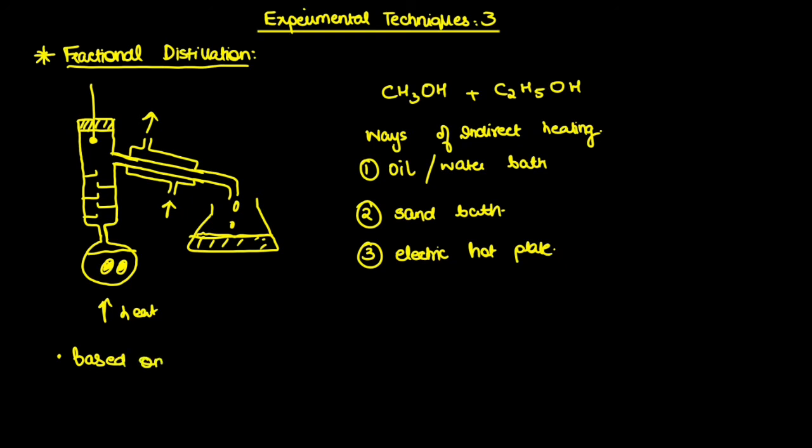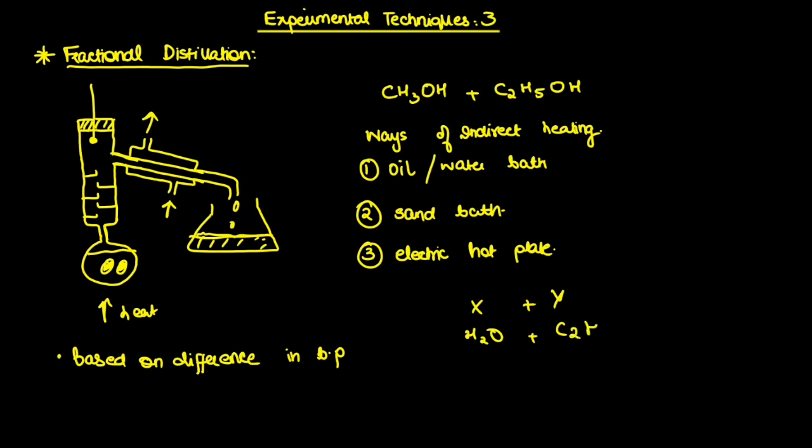If two substances have the same boiling point, then this method won't work. Alright. So what happens is, for example, let's just say that there are two random substances X plus Y. They're dissolved in each other, and let's just say this is water and the other one is ethanol.